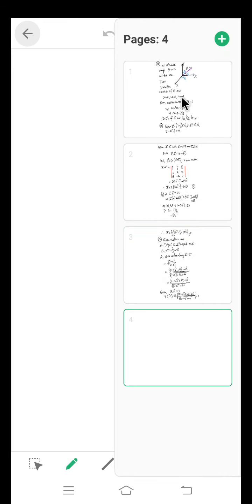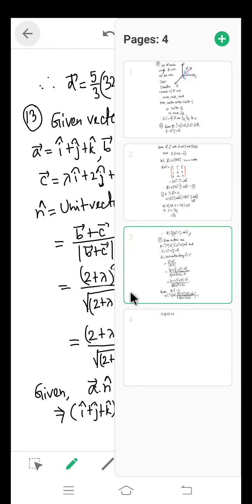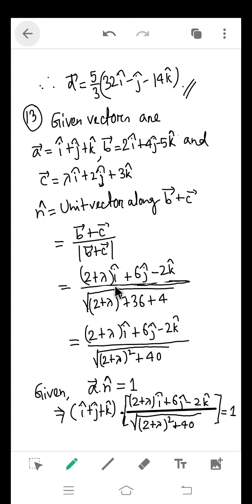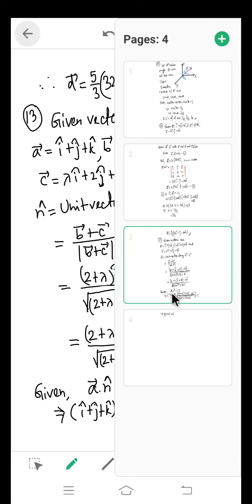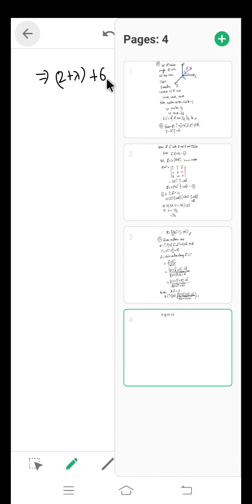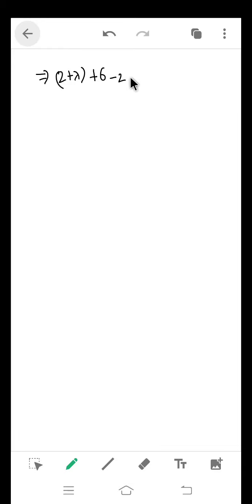If you go for the next page, therefore 2 plus lambda plus 6 minus 2, and if you take it to the right hand side, under root कितना था 2 plus lambda whole square plus 40.